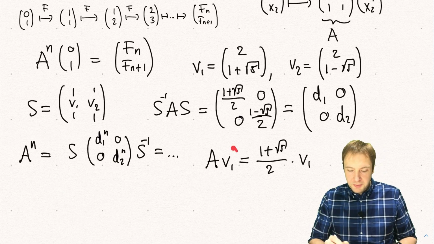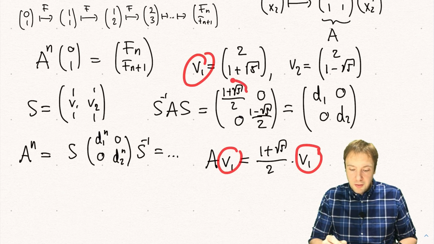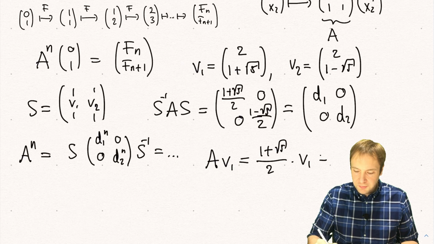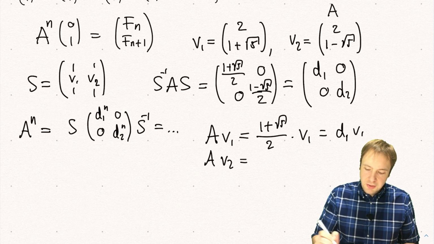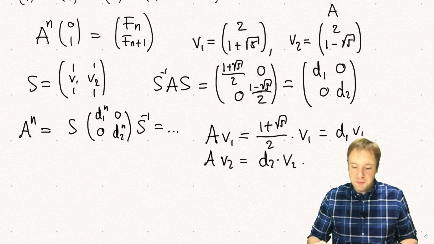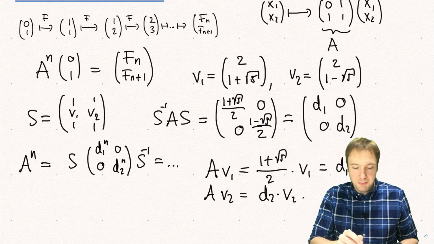So in other words, this vector v1 is an eigenvector of this matrix with eigenvalue given by this number here. So this is just d1 times v1. And similarly, you can check that A times v2 is this other number d2 times v2. So this was another eigenvector of this matrix A, or of this linear map F.